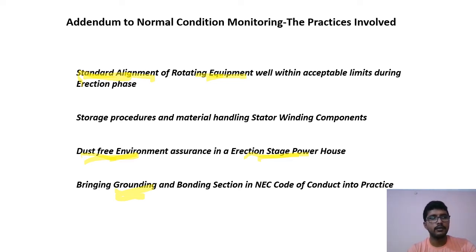We need to practice all those standards so that we can increase the longevity of the powerhouse. The performance of the power system also improves with better grounding and bonding, right?